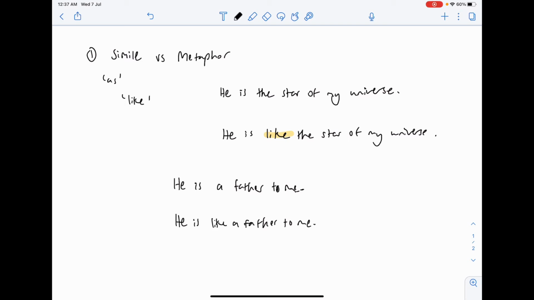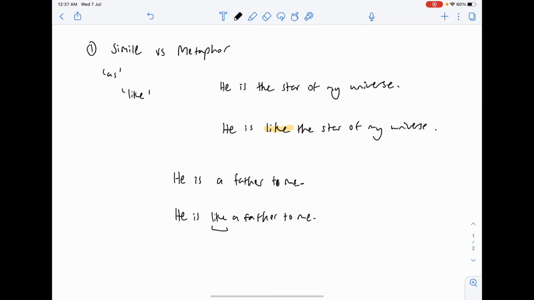A man can be your father. But just adding and removing the like, this is you saying that he is your father. Regardless of biological relation, this man is a father to you. He is your father. That's it, point blank. Versus he's like a father to me. You're removing the connection. He's not your father. He's just a father figure.